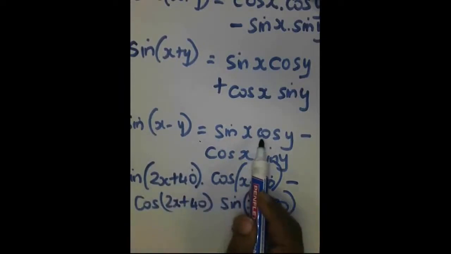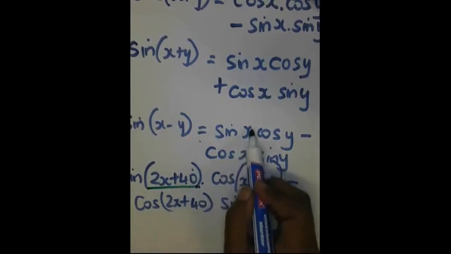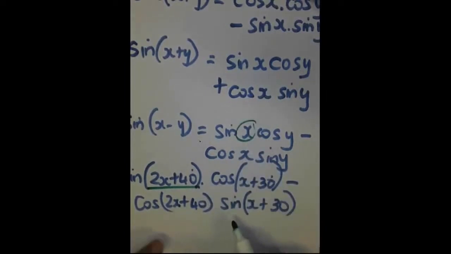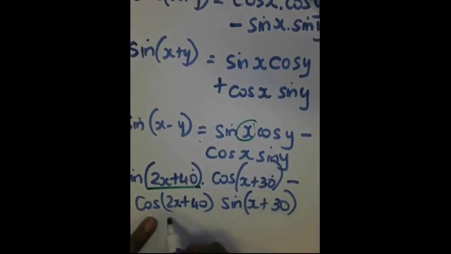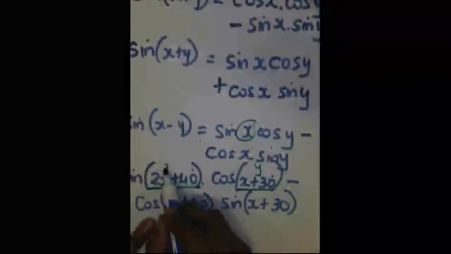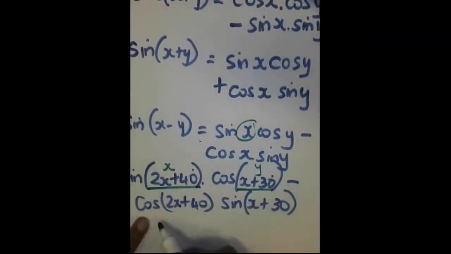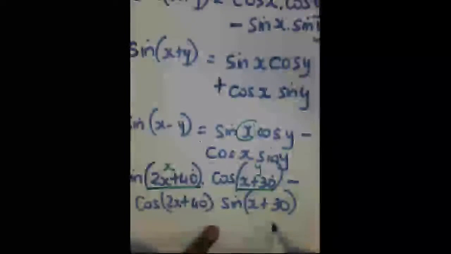If I look at this expansion, ladies and gentlemen, then this looks exactly like this one. Can you see? So, if I look at cos x, sine x, if I look at the cos x plus 30, so that is my y and this is my x. So sine cos minus cos sine, there is my comparison.